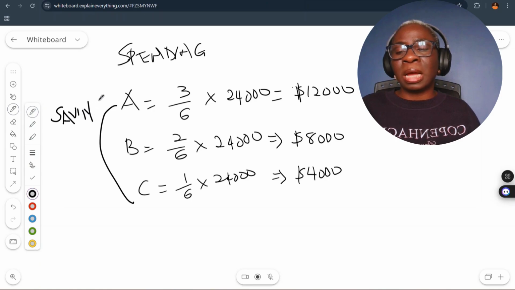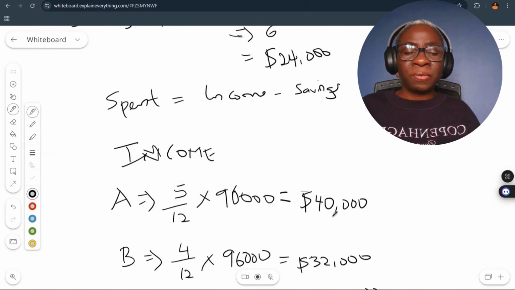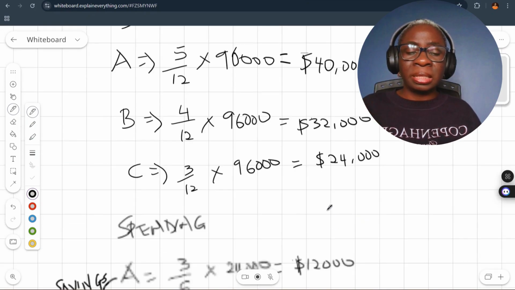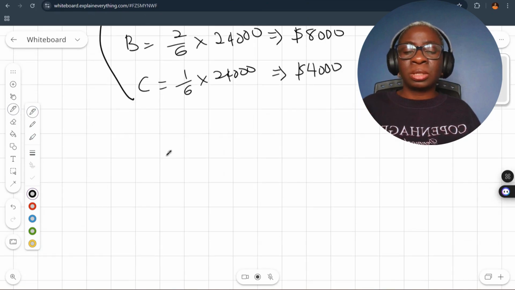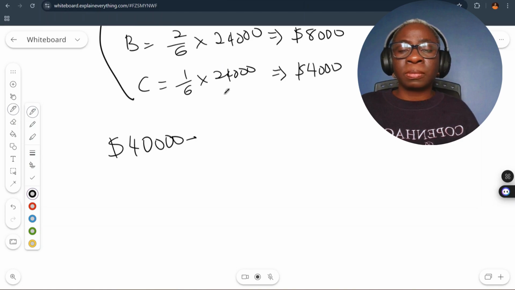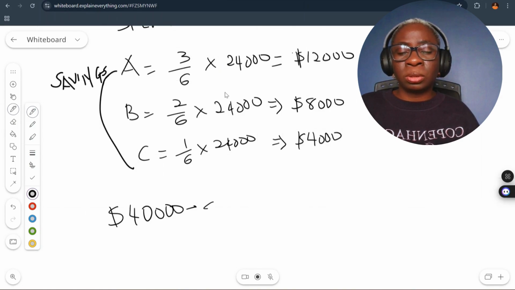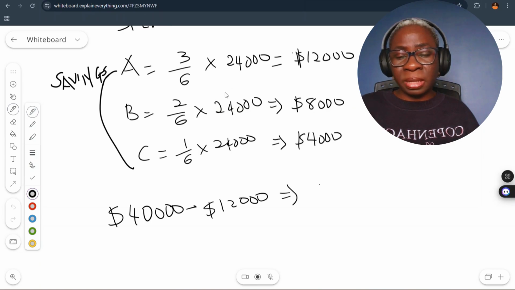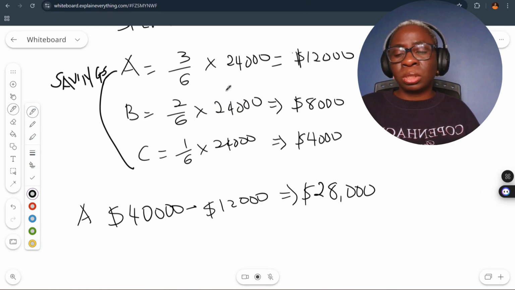If A made $40,000 and then he saved $12,000, his spending will be equal to his income, which is $40,000, minus his savings, which is $12,000. That means A spent $28,000.